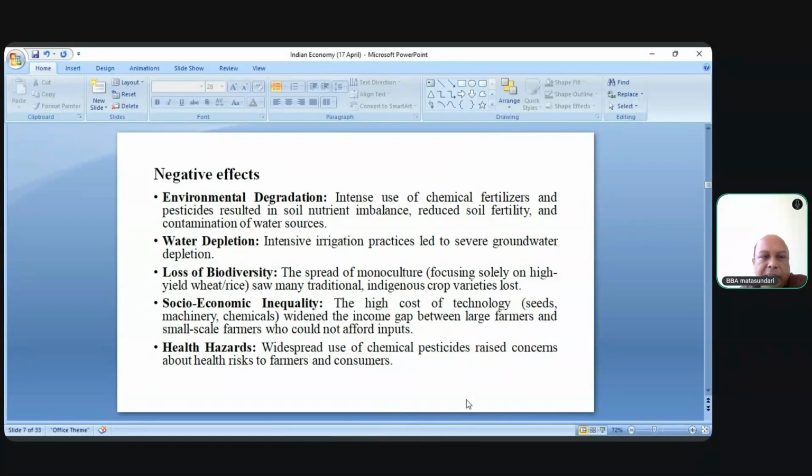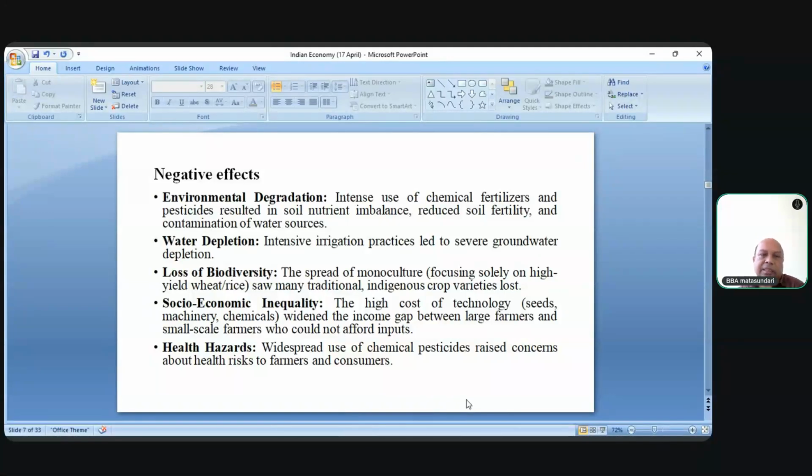The negative effect. We can identify that green revolution has negative effect on our environment, basically, due to excess use of chemicals in terms of fertilizer and pesticides. It negatively affects natural soil productivity in land. And also in many areas, water pollution problem arises due to use of chemical pesticides and also fertilizers.